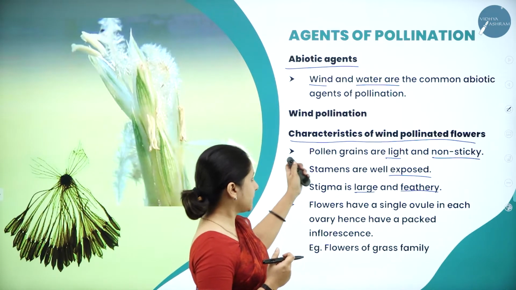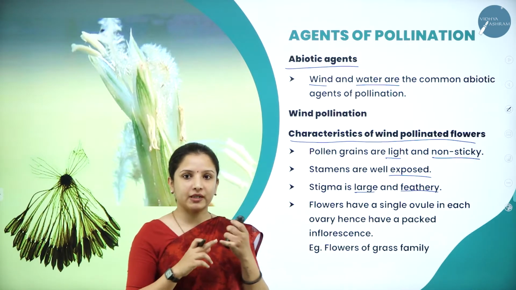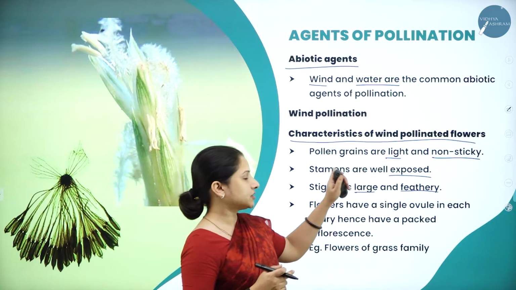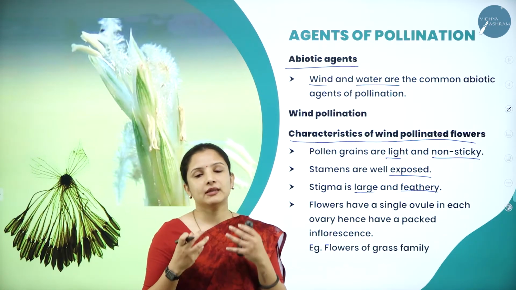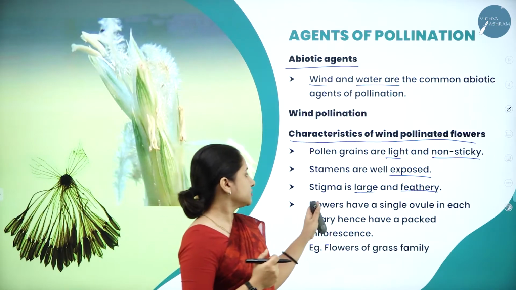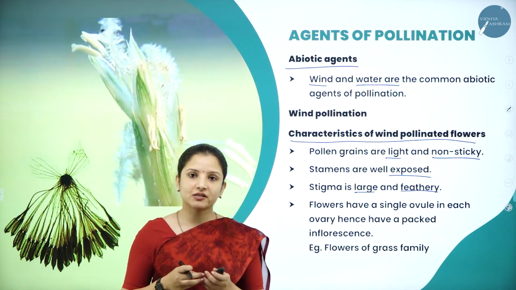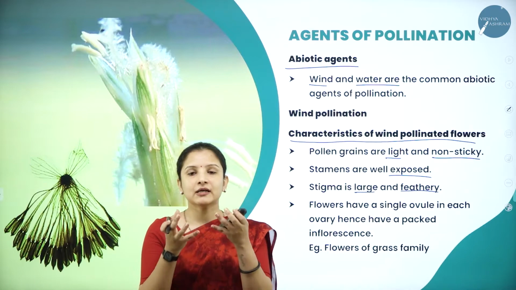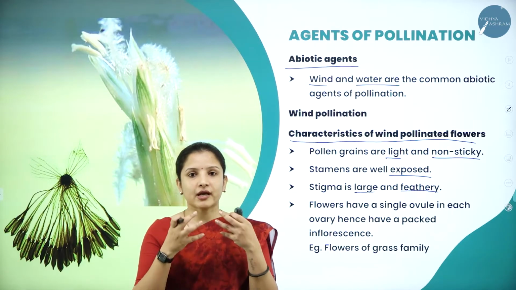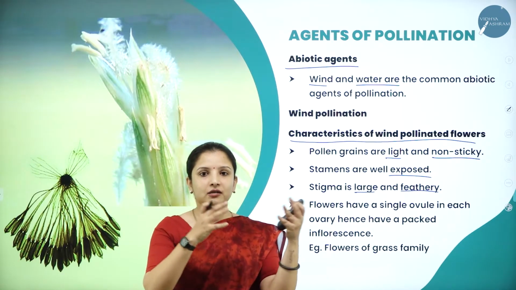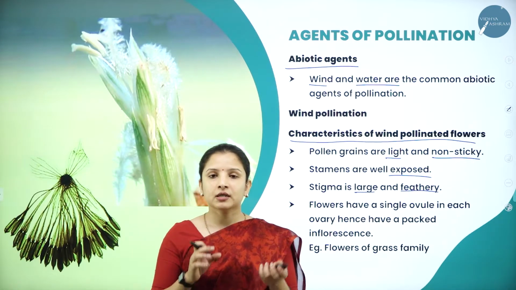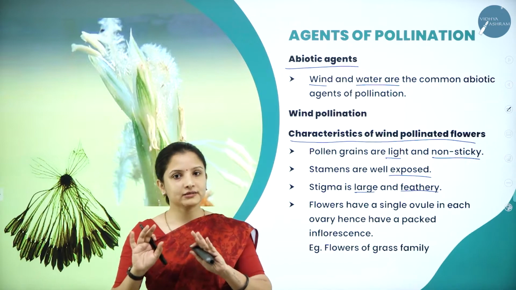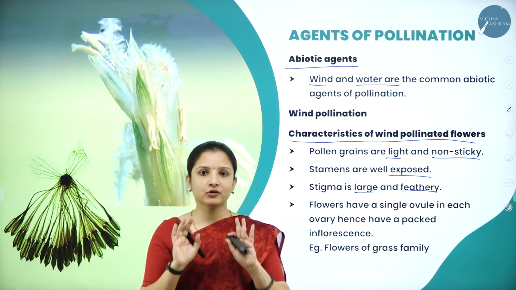So the pollen grain should be light and non-sticky, the stamens should be well exposed, and the stigma should be large and feathery. Why large and feathery? So that it can capture as many pollen grains as possible that are traveling by the wind. If it is insect pollination, the insect will directly go and sit on the stigma and drop the pollen grains on it.